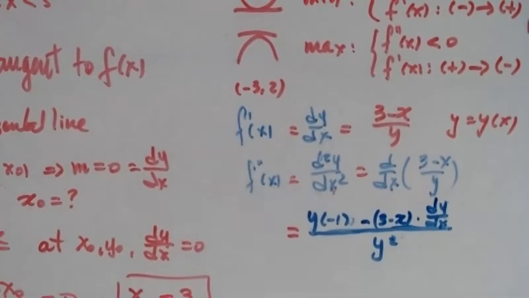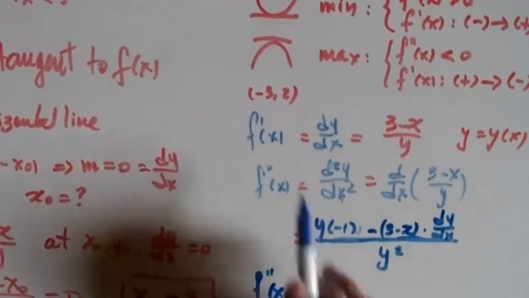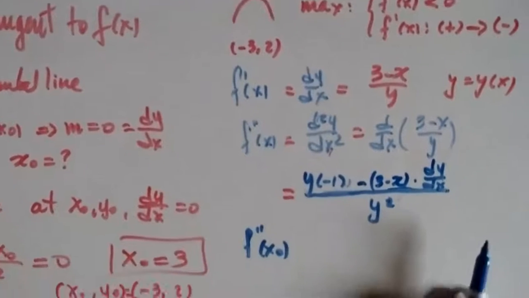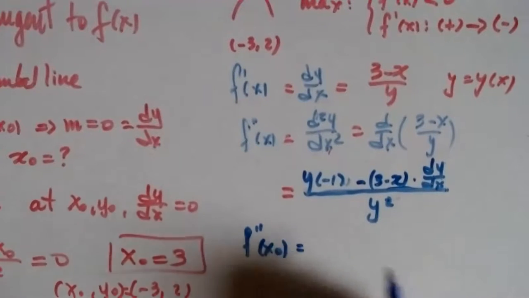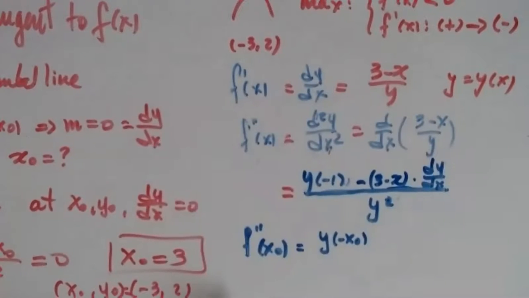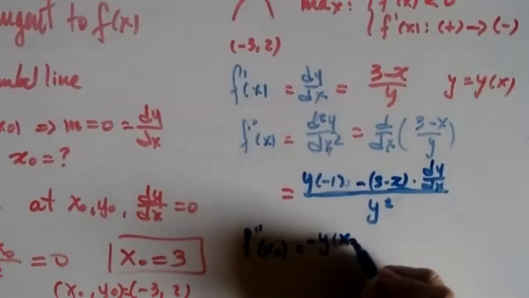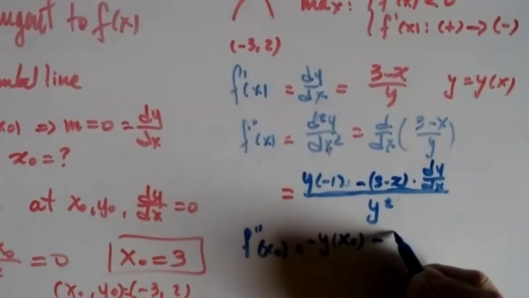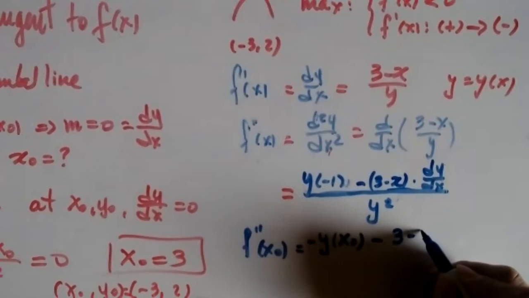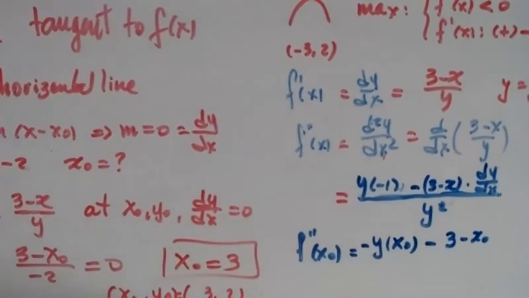Now, I have to evaluate f double prime of x0. So it's at x0 where I want this. So this is y at x0, because y is a function of x. It's negative y at x0 minus (3 minus x0) times dy/dx, over y at x0 squared. But x0 is what? Negative 3, correct? No, positive. It's positive 3, sorry.